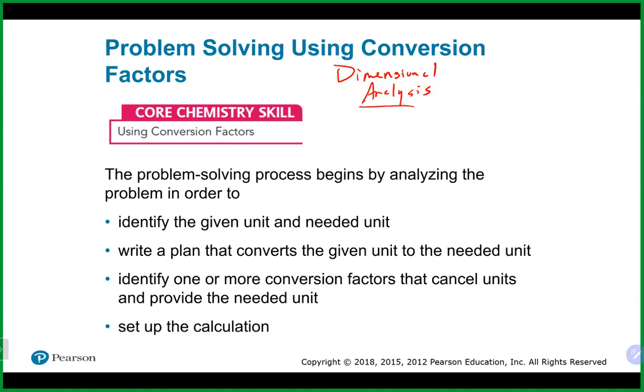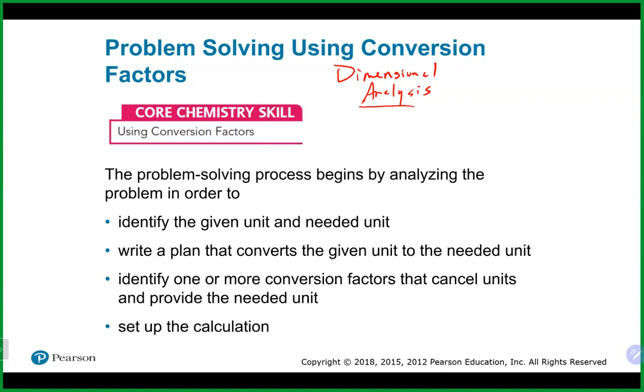Somebody could take a pathway that goes this way, and some could go this way. Some may be a little bit more straightforward, and some may take a couple extra steps to get there. But if you choose all correct conversion factors and not ones that you make up yourself, no matter which pathway you go, you should end up with the same answer at the end. So don't be surprised in some cases, there are different ways you can get to the end, especially with conversions that you do.